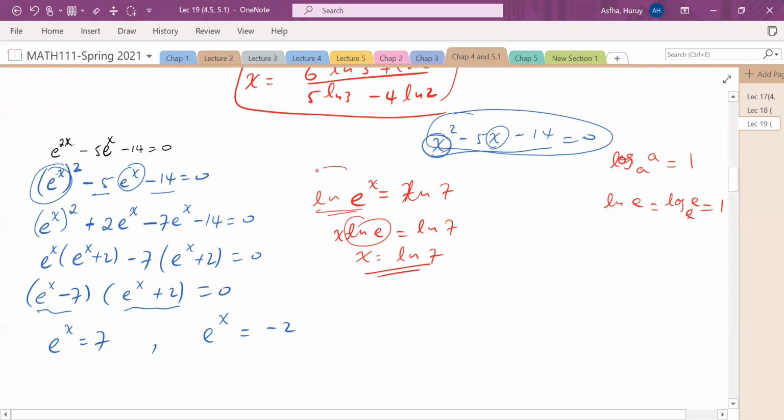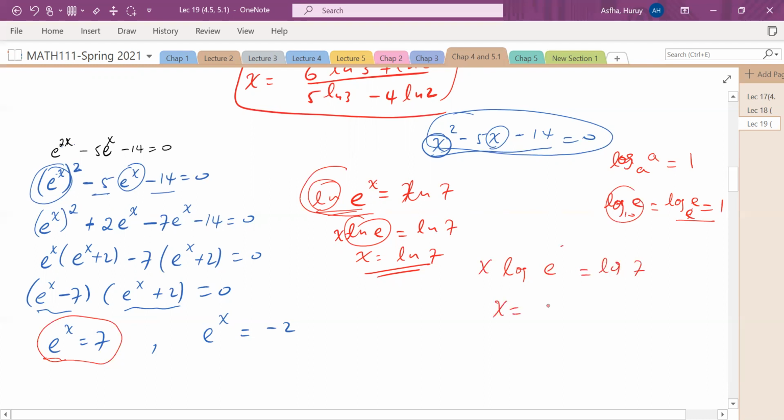Okay, so if you have something like e, it's always good to use ln because you simplify it. If you use ln, it becomes 1. But if I use log base 10, for example, this is not 1. If I use log base 10 on both sides, it doesn't mean the answer is wrong, but I will have x log e equals log 7.